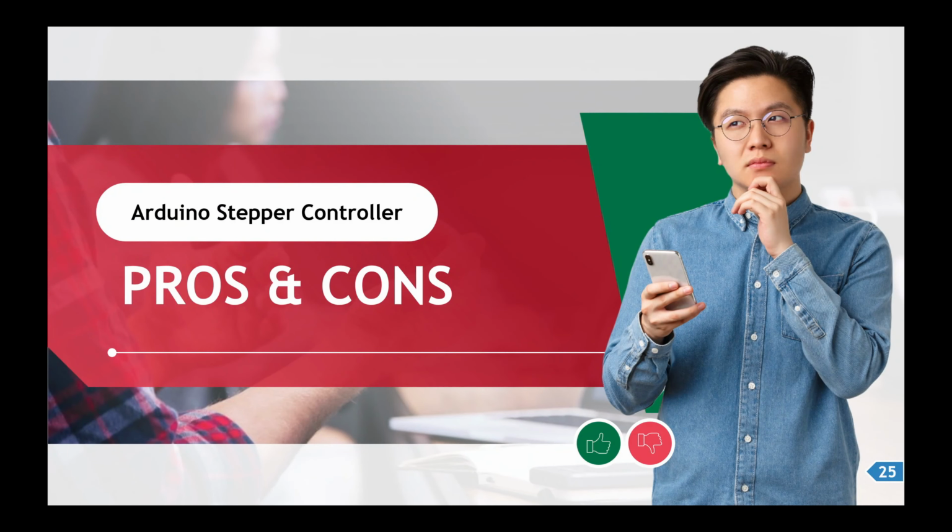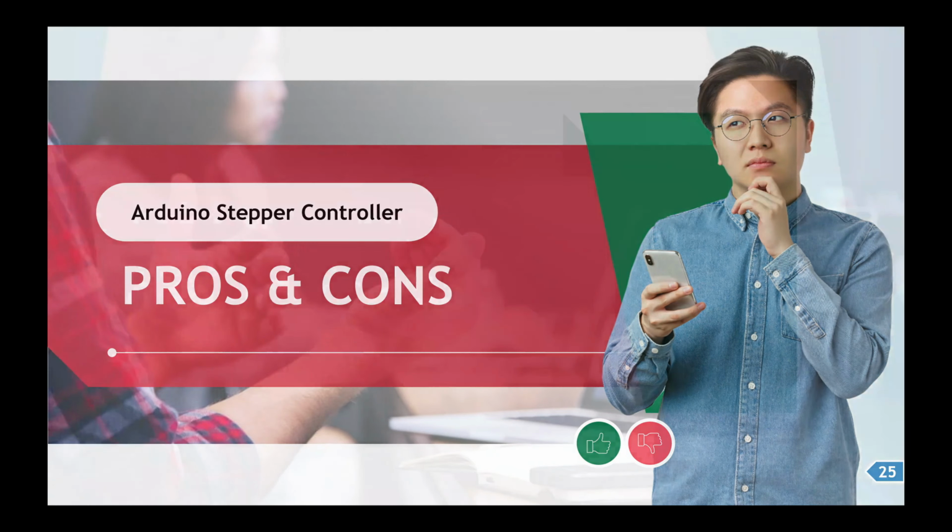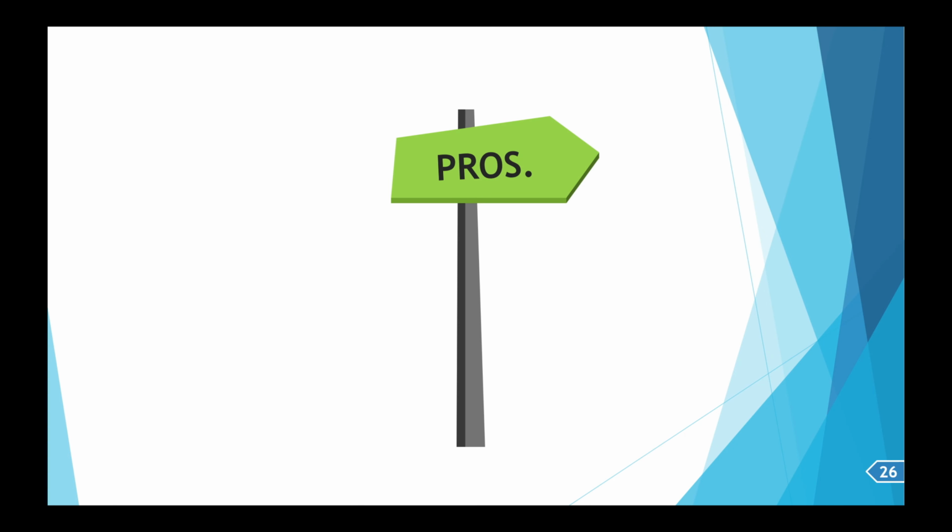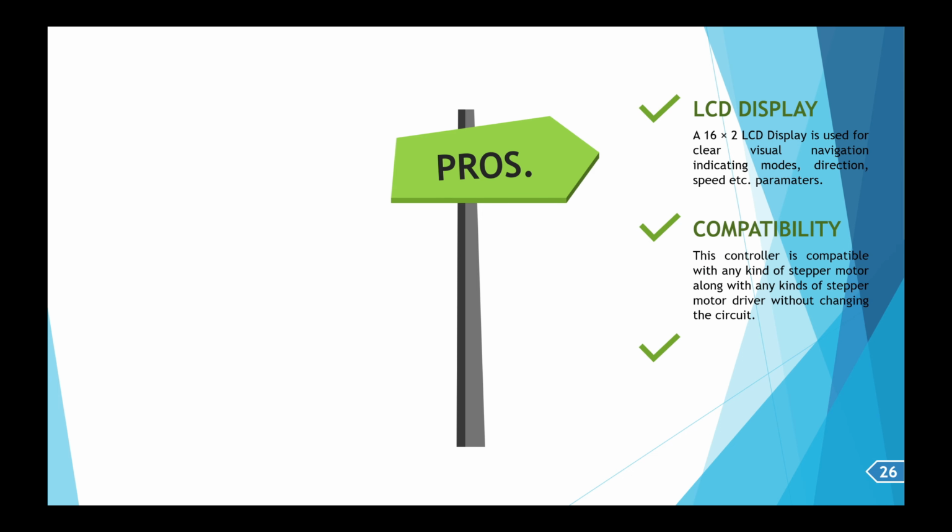But in spite of having such advantages, we also have some cons. Meaning our Arduino stepper controller has some pros and cons. Let us discuss those one by one. Now first we will discuss the positive sides, the pros of our controller.